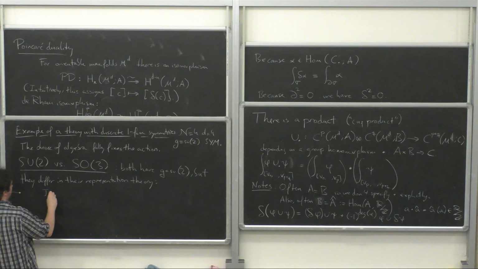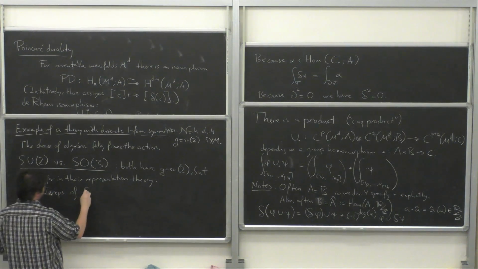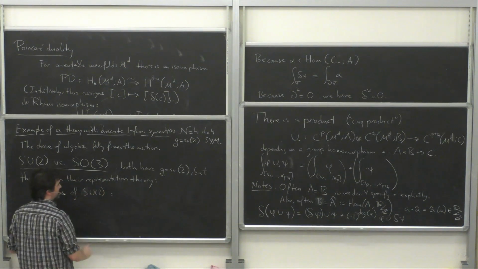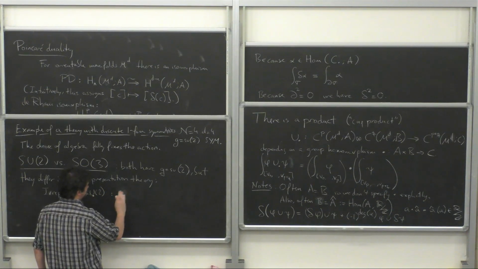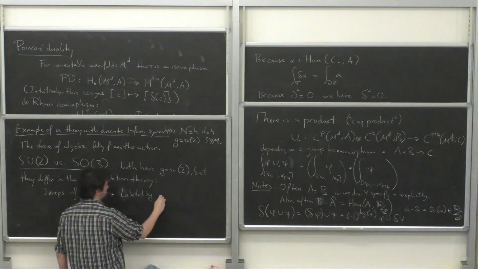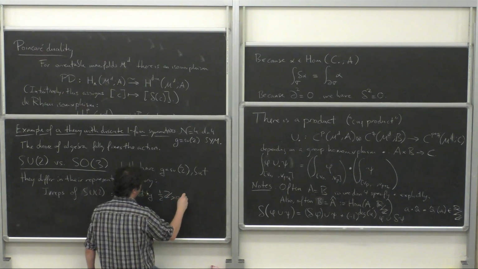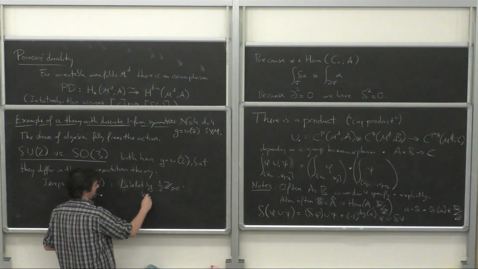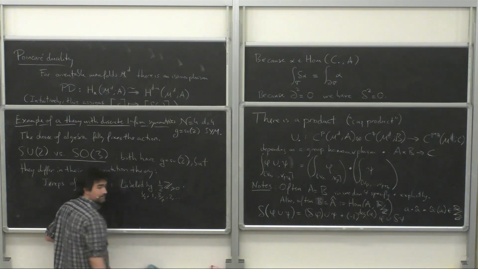The irreps of SU(2), the irreducible representations of SU(2), are labeled by half-integral spins. So that's just fancy notation for 1/2, 1, 3/2, 2, and so on.